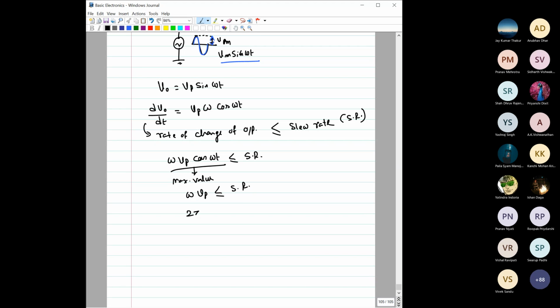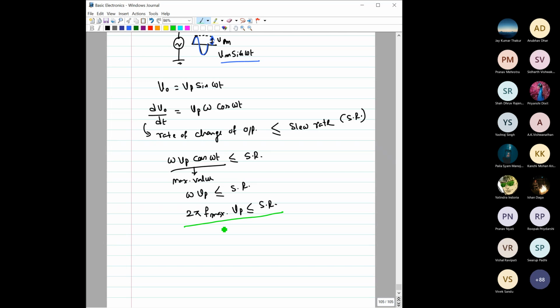So we can write omega equal to 2 pi f, and this f is generally written as f max. Then 2 pi f max Vp should be less than the slew rate. So we have reached an expression from which we can relate the slew rate with the magnitude as well as the frequency.